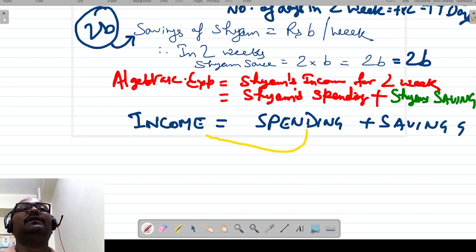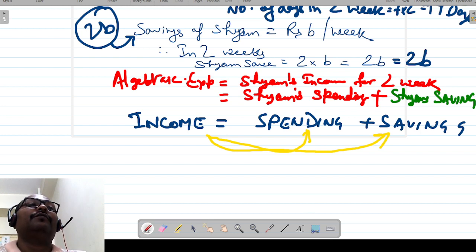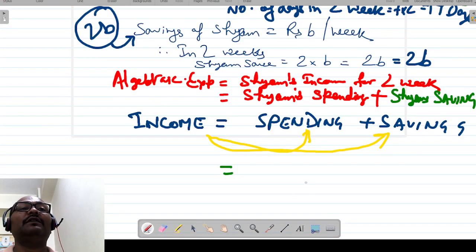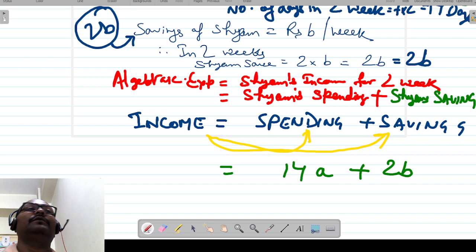Spending comes from income, and from income saving is also there. So from the above question we can write, Shyam's spending is 14a here. So we'll write 14a plus saving. Saving will be 2b here.